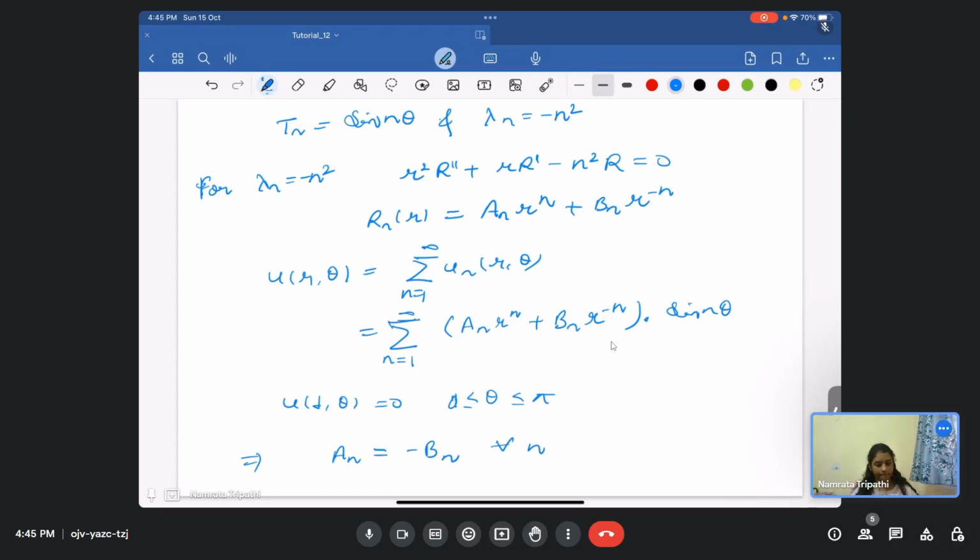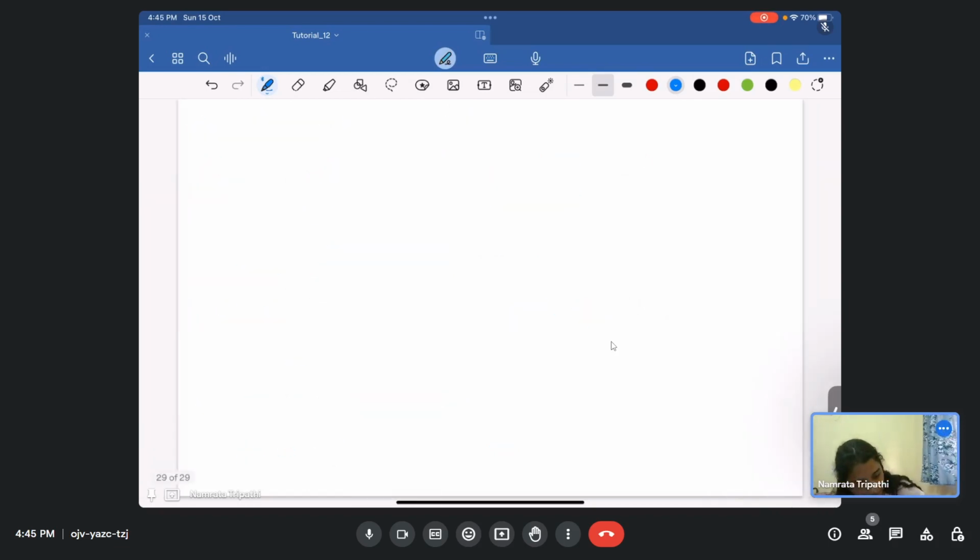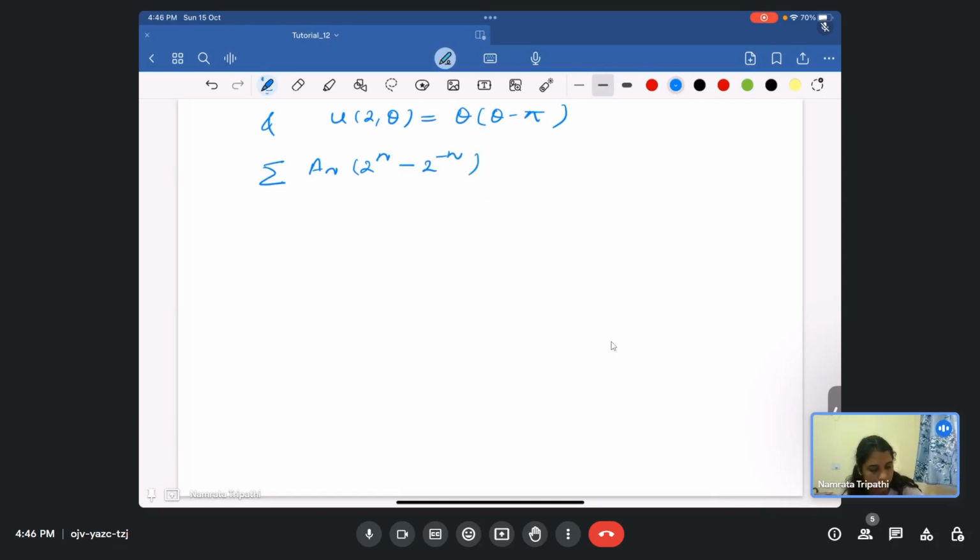And for the other boundary condition, after putting r equals 2, we get An (2^n minus 2^(-n)). Since An and Bn are related, I'm taking An outside. Sin nθ equals θ(θ minus π).